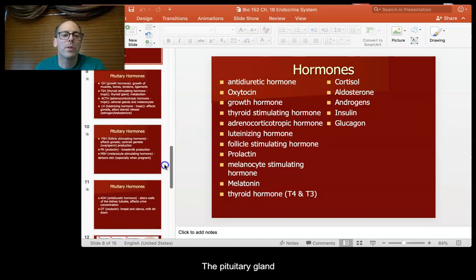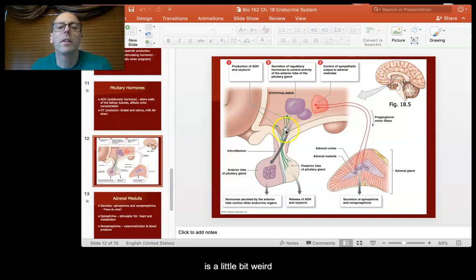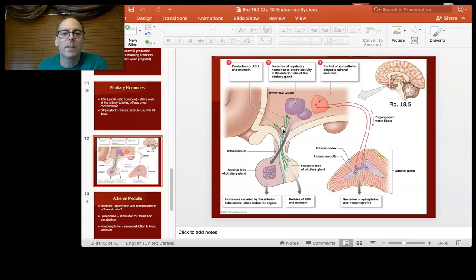So the pituitary gland is a little bit weird in that some of the hormones that come from the pituitary gland are not actually made in the pituitary gland. So if you look at this image, you can see the pituitary gland right here has 2 parts to it.